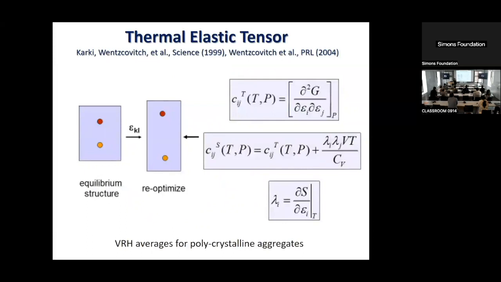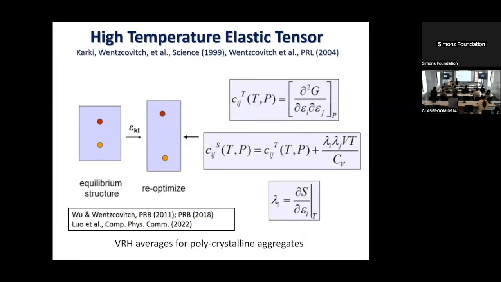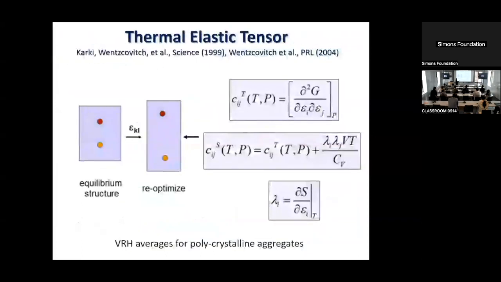Elasticity, the thermal elasticity in a crystal, solid solution or not, is obtained the following way. You have equilibrium structures versus volume, calculate phonons, do thermodynamics for the equilibrium structure, strain, again relax the structure, and redo the thermodynamics. The isothermal elastic coefficients are the second derivative of the free energy with respect to strains.